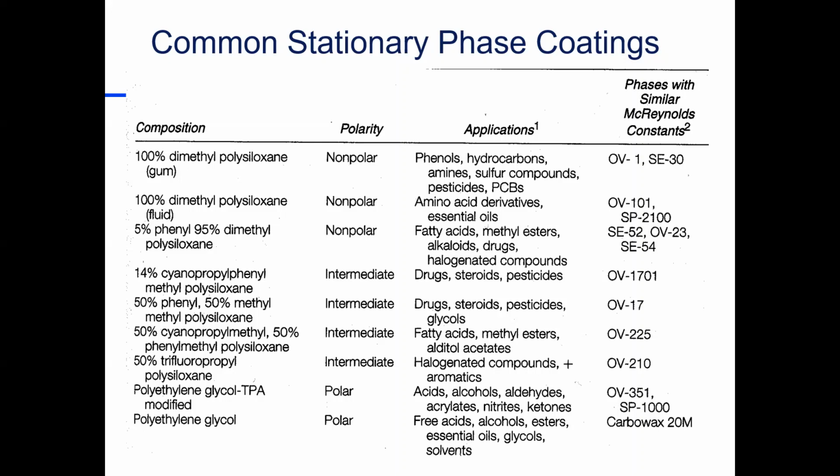This puts a little more polar nature to it, and so a little bit of polarity helps. This is very, very nonpolar. And so if you're working with nonpolar substances, you want to have them interact with this coating, you use this nonpolar material. A little bit of polarity, we tend to use this. If it's a fair amount of polarity, then we're down here at our modified polyethylene glycol.